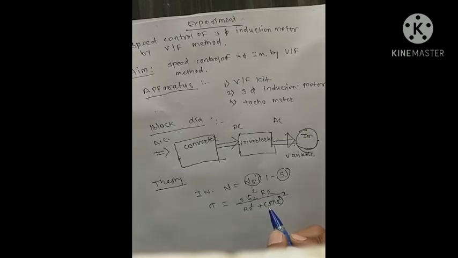If the motor parameters R2 and E2 are changed, then to maintain the same torque, the motor reacts by changing its slip. So effectively the speed N changes.